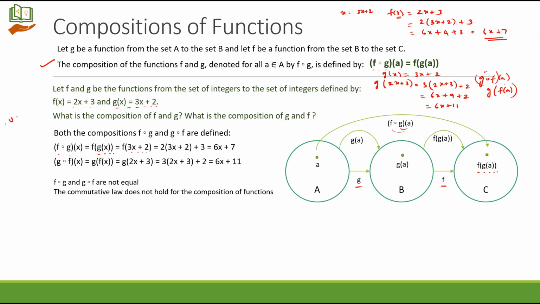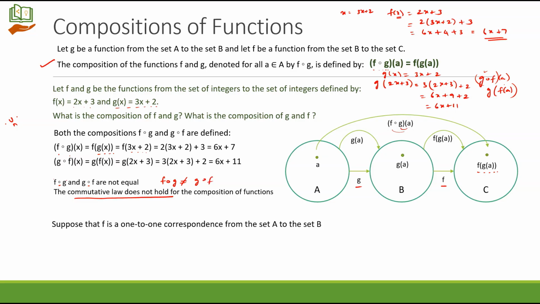That operation can be union or intersection in terms of sets. But here this operation is composition. When you interchange f and g positions, they will not result in the same value. It is because the commutative law does not hold for composition of functions. It means f composite g is not equal to g composite f.